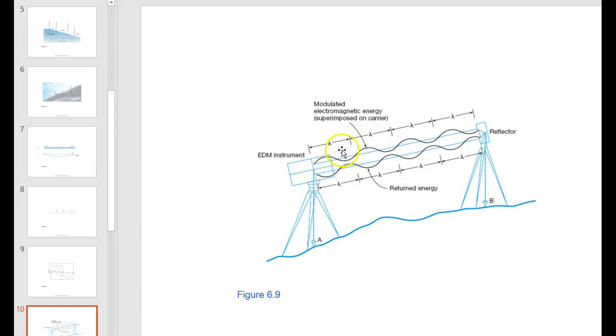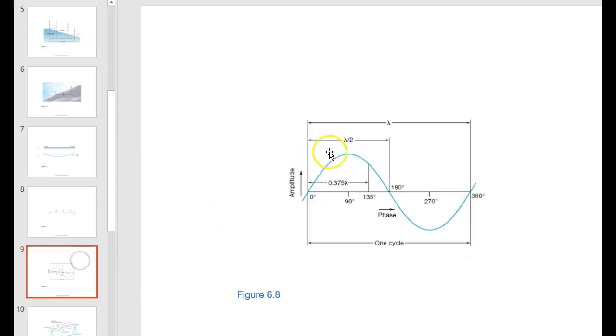But the process is still the same. Lambda, this symbol here, is the same as here. It refers to the wavelength, so this is half of a wavelength, this is the other half. So from the beginning through the first half through the second half, that is just a full wavelength.